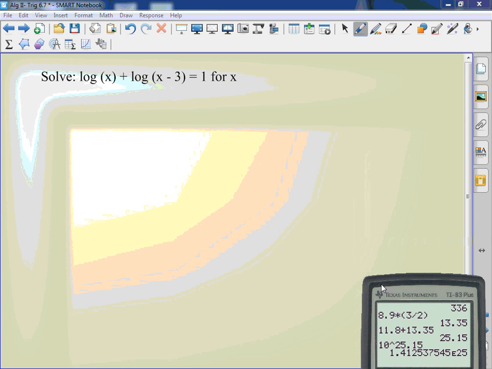We have log of x plus log of x minus 3 equals 1. We want to find out what x is. What can be my first step?